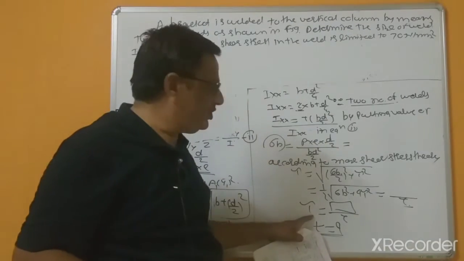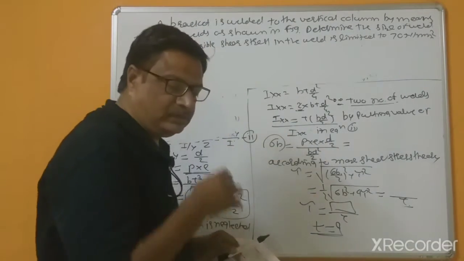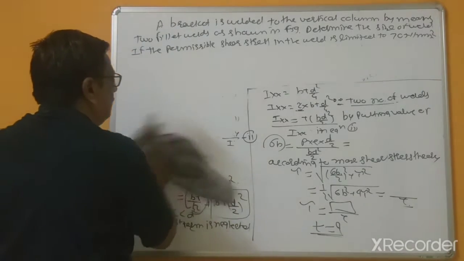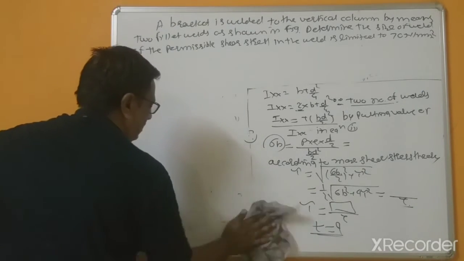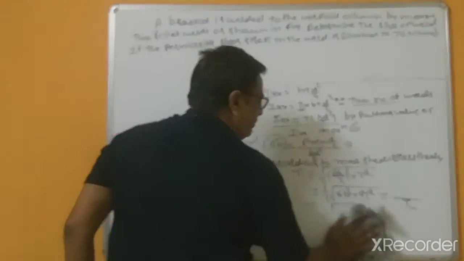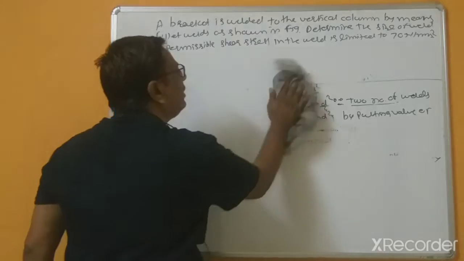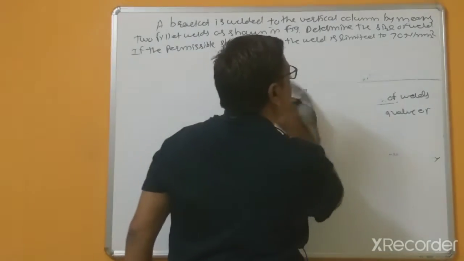This is the given allowable shear stress, tau equals 70. Such types of simple problems may be asked. Problems are easy, we only have to practice solving them.